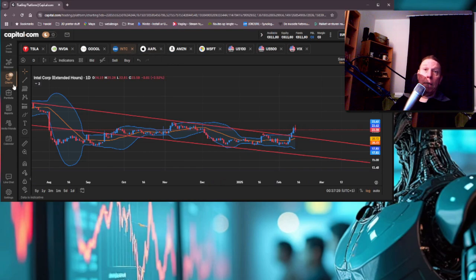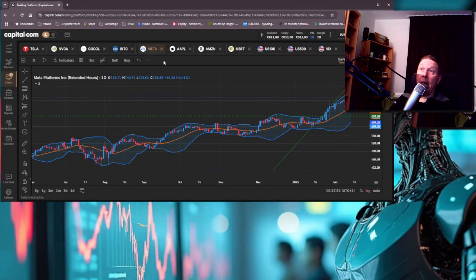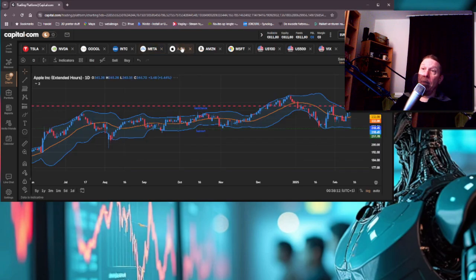Now Meta, oh, I deleted Meta. Meta is still going up strong and making new all-time highs every day. This day is no different, but it's not as strong as the early weeks, but it's still going higher and higher. Apple, more or less sideways.